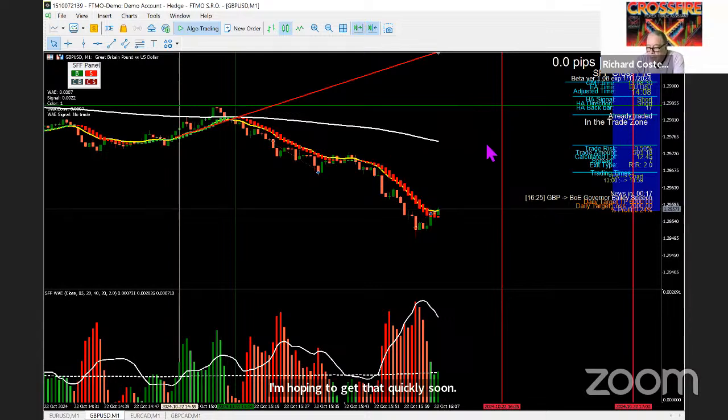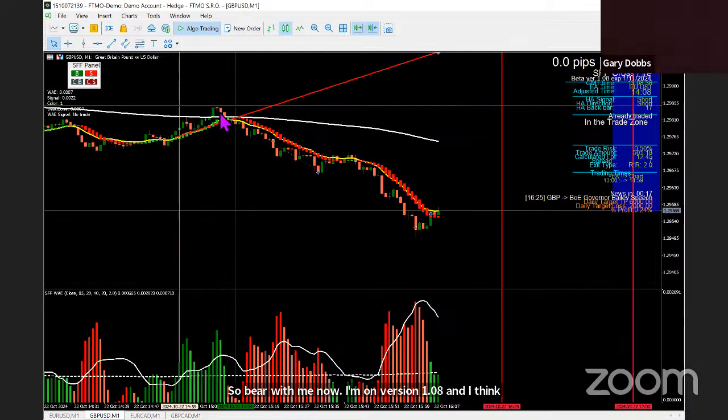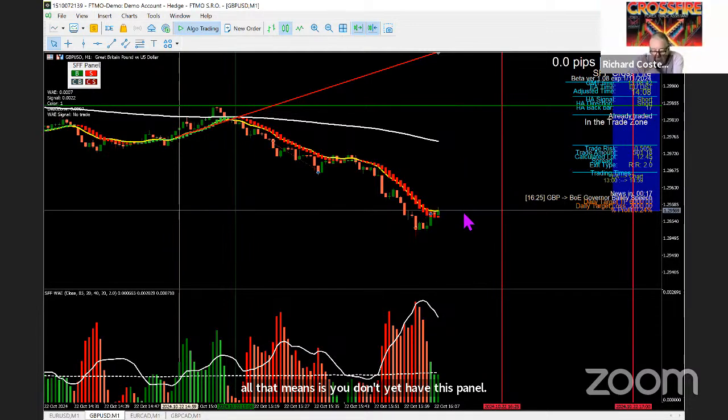I'm on version 1.08, and I think everybody else is on 1.07. But all that means is you don't yet have this panel. But as soon as I get it, I shall release it. I've been talking to Oliver this morning, and one or two minor issues, but the main issue is the trend lines just not going correctly, and it needs to be accurate.